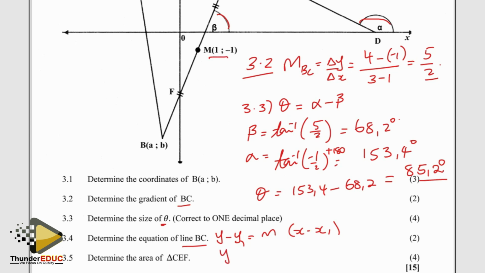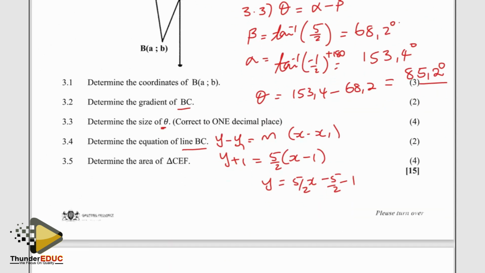So it's a y minus minus, which is a plus 1, is equal to m, which is 5 over 2 into x minus 1. Open that up and transpose. So that's going to be a 5 over 2x minus 5 over 2 minus 1. Okay. So the equation becomes 5 over 2x minus 7 over 2. Oh, it's 2,5x minus 3,5.